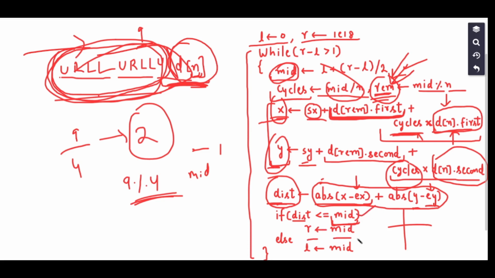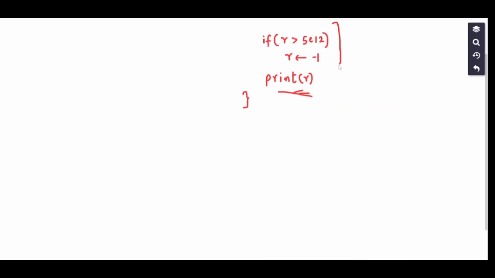So reinitialize the range to the left half. Otherwise, this mid lies on the bad side, and reinitialize the range to the right half. In this case, if r crosses 5 into 10 raised to the power 12, which is a kind of upper limit, then I can never reach the destination position.